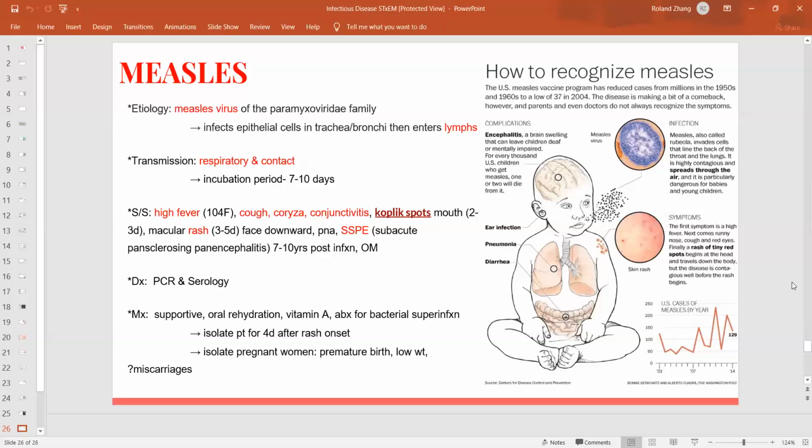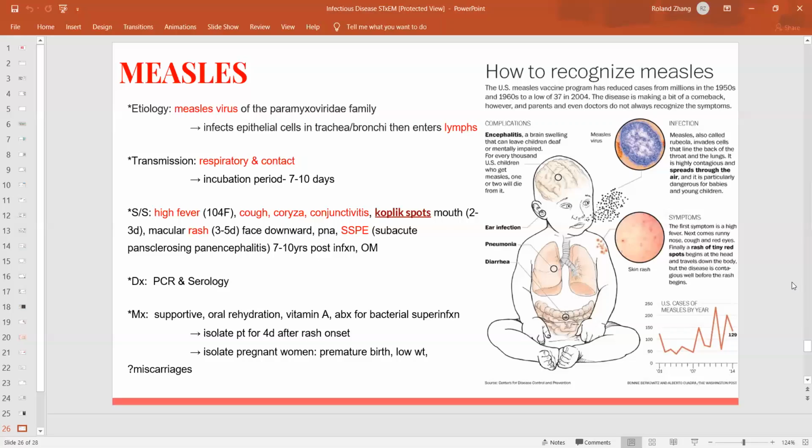And the other thing, which is not so common, is the panencephalitis, which can manifest itself even 7 to 10 years post-infection. You diagnose it with serology, and pretty much you treat it supportively, and with antibiotics if there's bacterial infection.